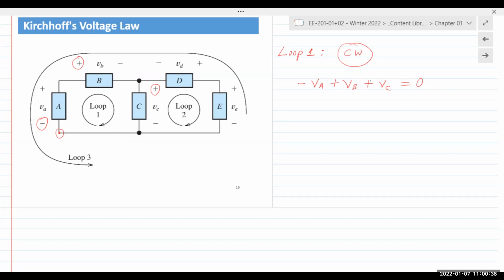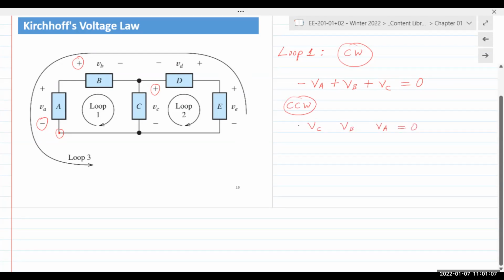Again, if you have a particular method you want to use, that is absolutely fine. And if you choose to add it up from a different point, you would still get the exact same equation. If I start at the same point and I go counterclockwise, I now have VC, VB, and VA.